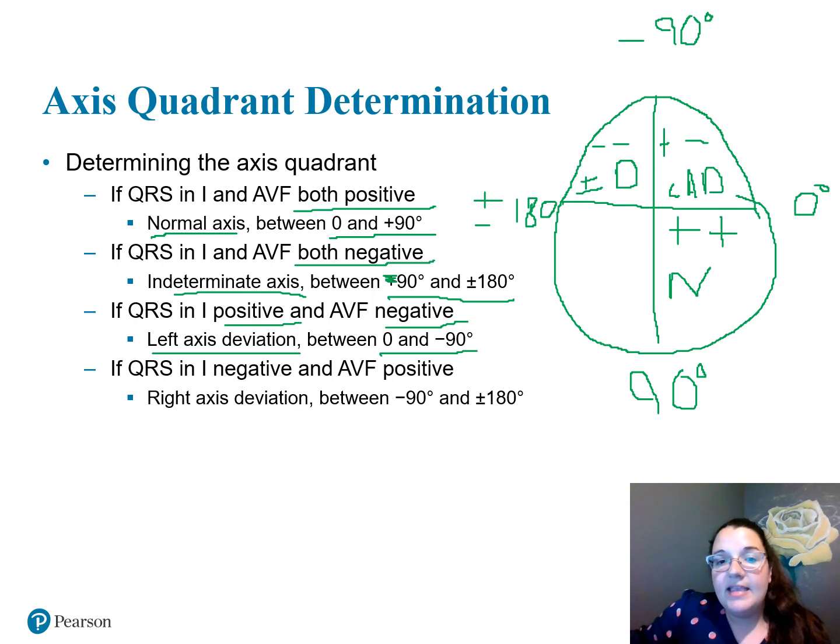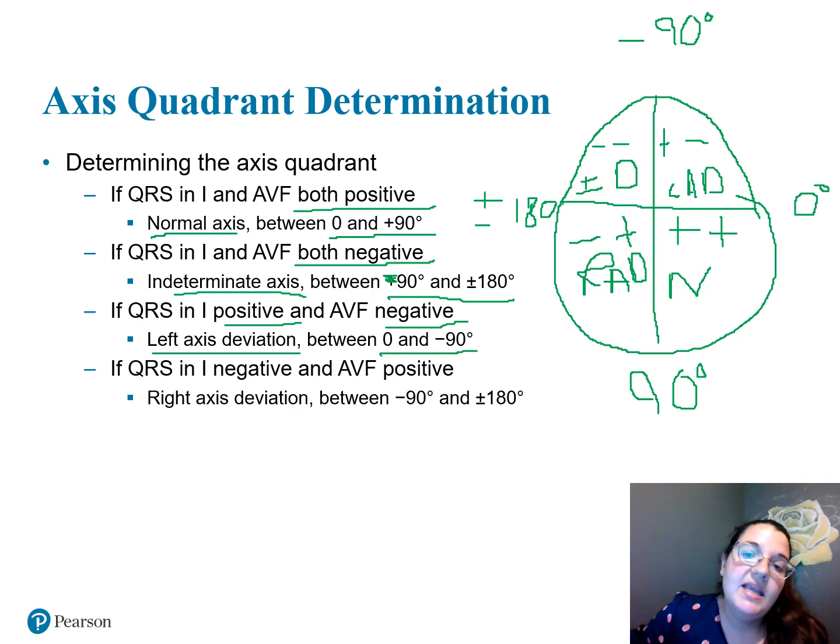And if I am negative in lead 1 and positive in AVF, I have right axis deviation. And you'll see all this on the next slide. And I am in between positive 90 and negative 180. So that is another typo.